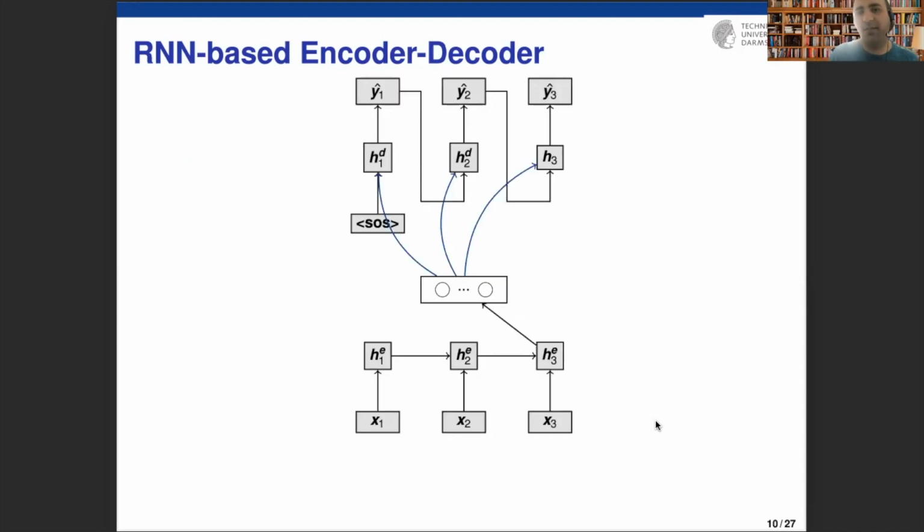The idea is very simple. We can use this context as the input to the hidden states in the decoder. What we do is concatenate this vector to the input vector of the decoder, and then we use it as the whole input to the decoder.